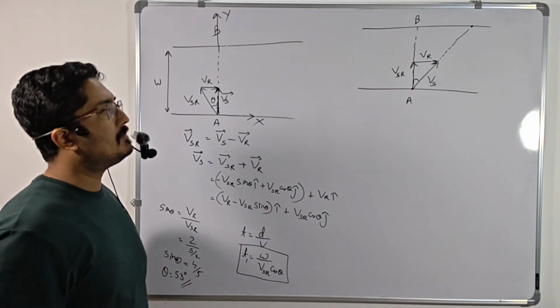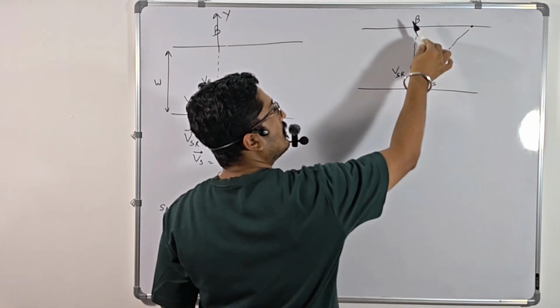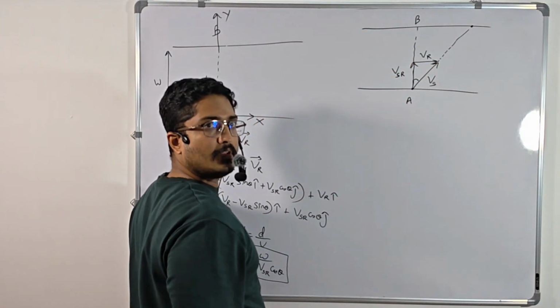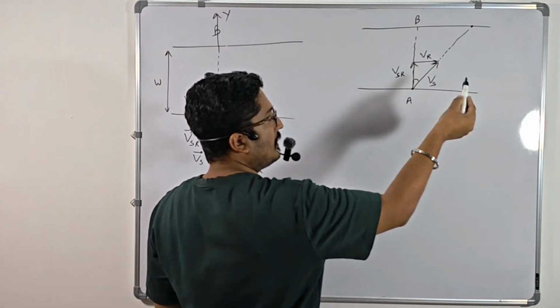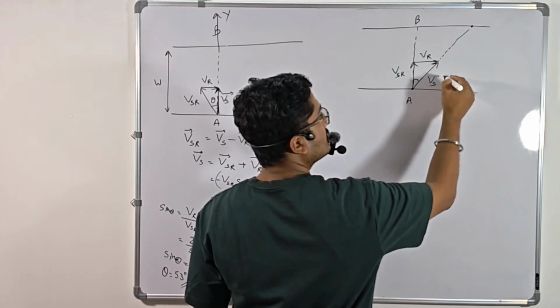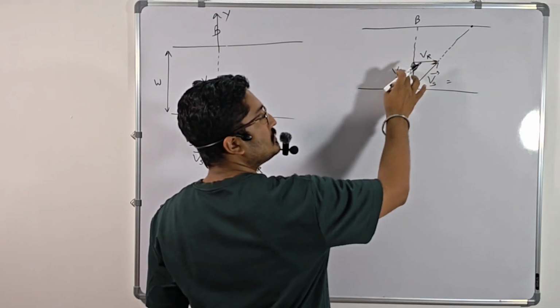Before doing all that, first of all, this man is crossing the river by using which velocity? See, Vs is his actual velocity, right? If you want me to write the vector Vs, how would it look? Vs is basically the addition of these two vectors.